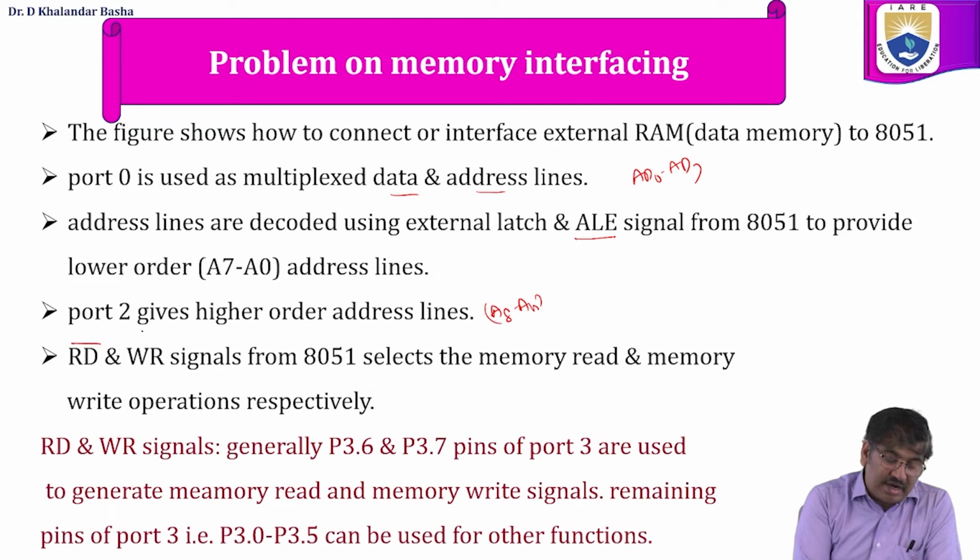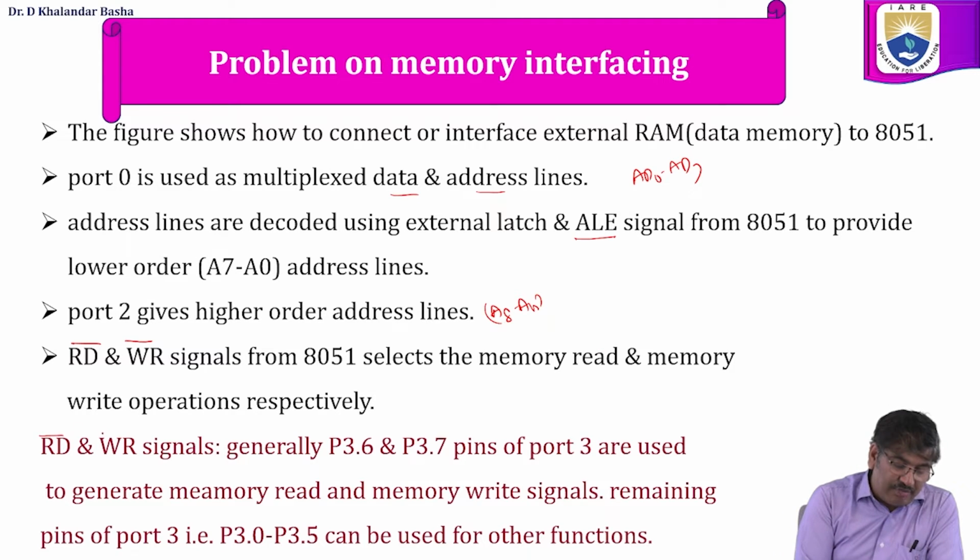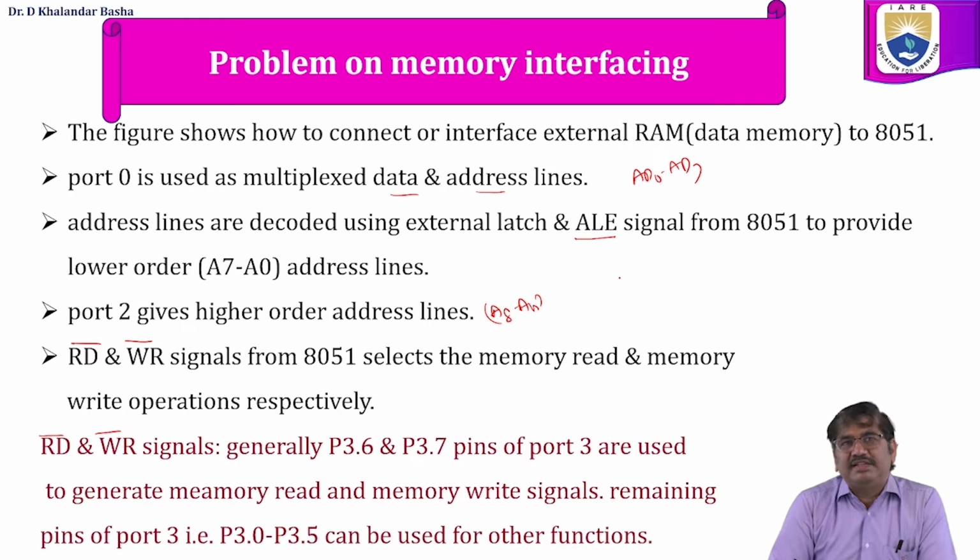The read bar and write bar signals from the 8051 select the memory for read operation and write operation respectively. These are generally connected to the P3.7 and P3.6 pins of port 3 and are used to generate the memory read and memory write signals.